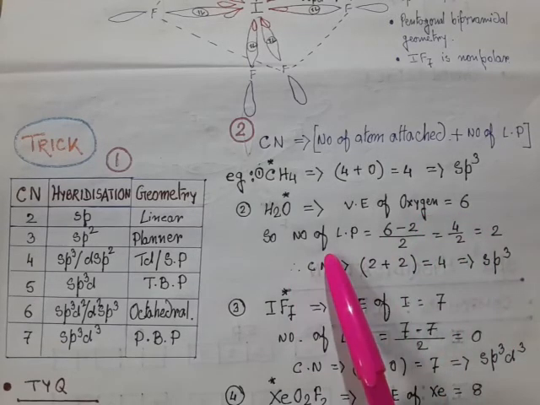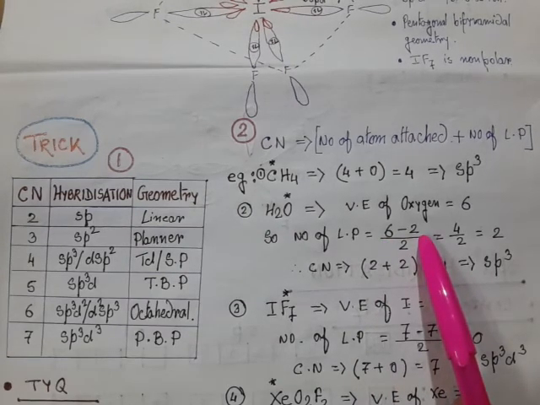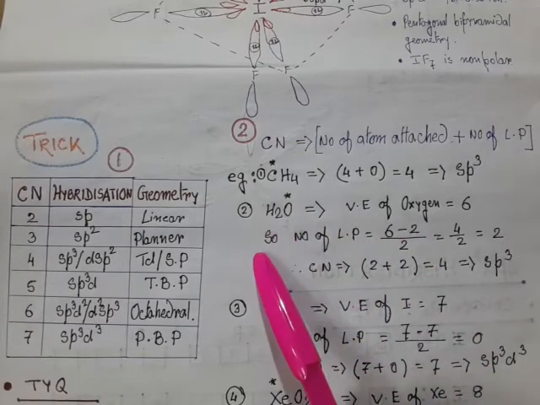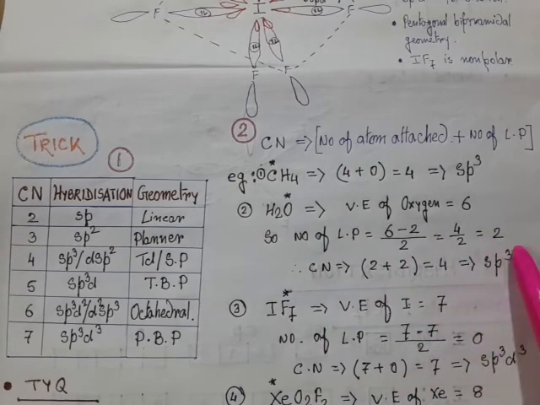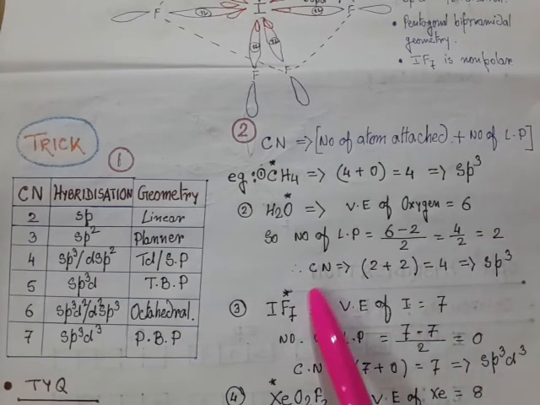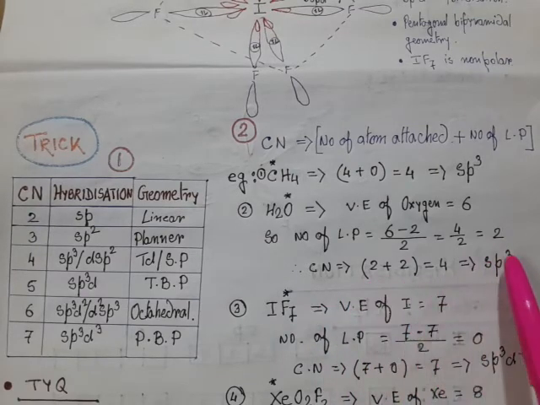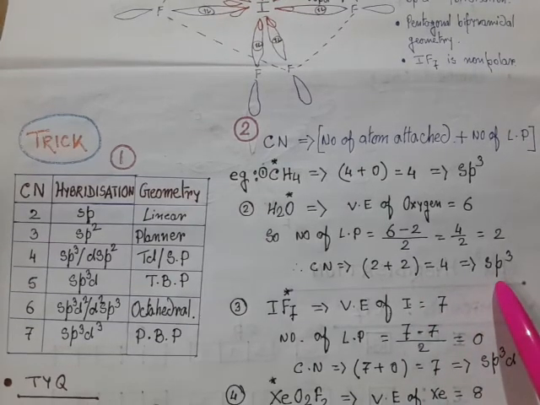Number of lone pairs is the number of valence electrons minus number of bonds, divided by 2. In H2O there are 2 bonds between oxygen and hydrogen, so 6 minus 2 by 2, so it's 4 by 2, it's 2, so there are 2 lone pairs. So Cn: number of atoms attached is 2, number of lone pairs is 2, so total 4, hybridization is sp3. Very excellent, an interesting trick.